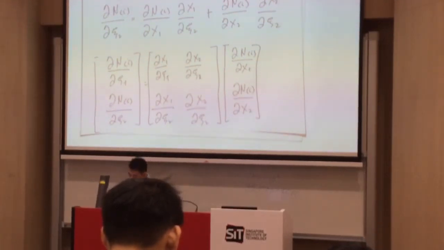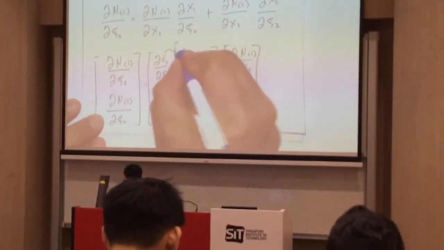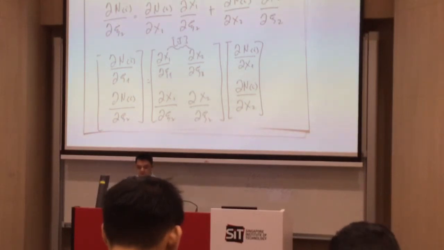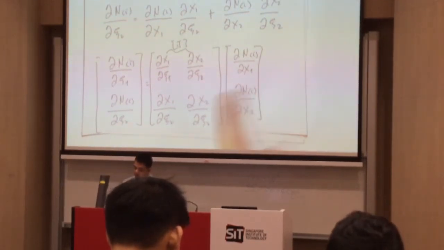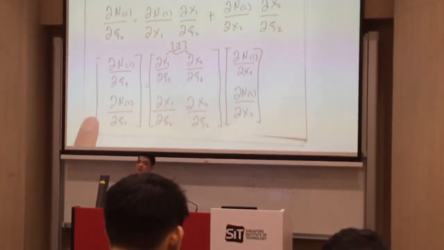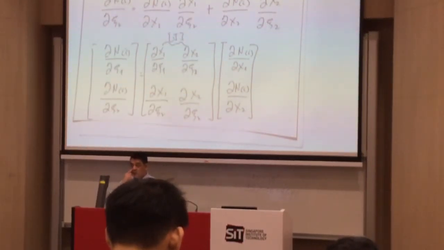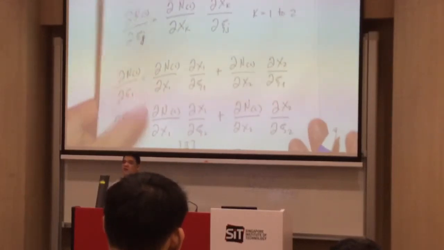Okay, so this one now will be my Jacobian matrix J. But since I want to determine this one, I can just take the inverse multiplied by this one here. So I think this one will be understood better when we solve problems later.